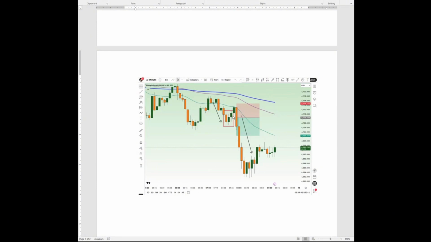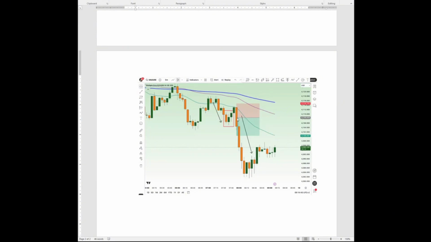And I would like to explain again the entry zone. The entry zone will be set up about the middle of this powerful bearish candle, or one to two prices near the range of the half of the bearish candle.